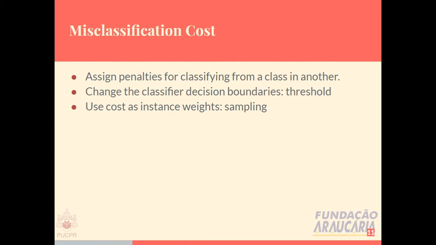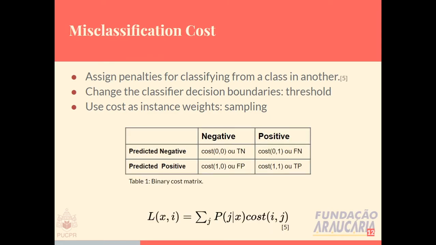The idea behind this approach is to assign penalties for classifying from one class into another. It is possible to employ higher costs to the positive classes to make the classifier consider them during prediction and training steps. If we have a binary classification task, the costs for each class can be represented by a cost matrix for two classes.